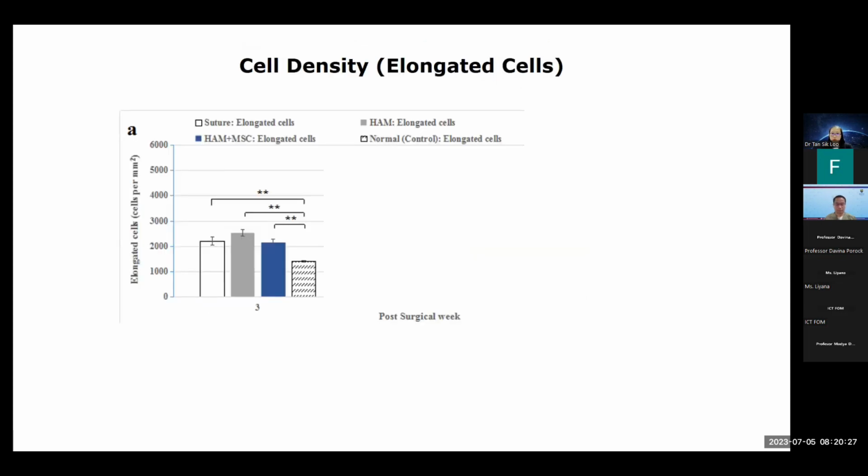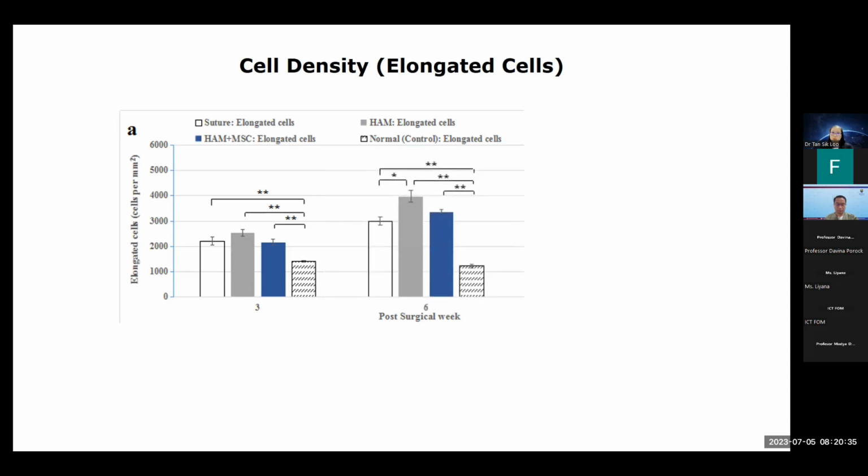From the histology observation, we also analyzed the cellularity in the repaired tendon, and it shows a significant reduction in the cellularity in the MSC-seeded HA treated group.